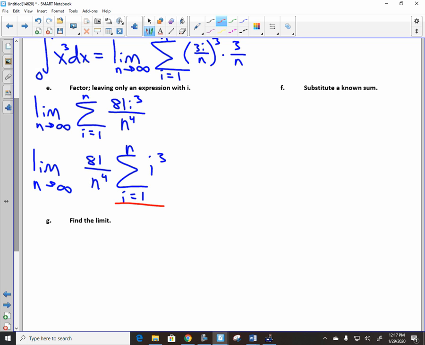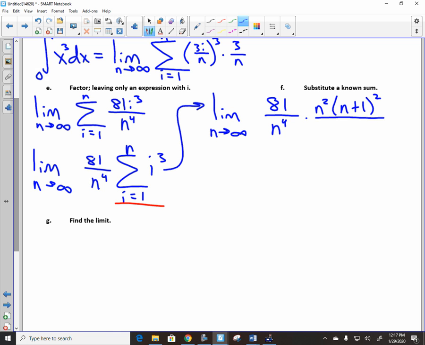Yeah, easy. This stuff's easy. Limit as n goes to infinity then of 81 over n to the 4th, and you guys told me to put in that place n squared times n plus 1 squared all over 4.